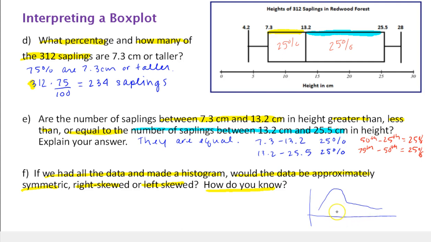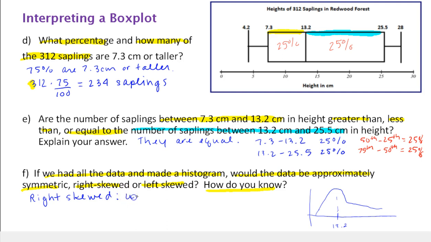So let's put the median right here. There's about 50% here and 50% spread out. Because the median value to the right is longer than this value, it's skewed to the right. So let's justify that. Right skewed.